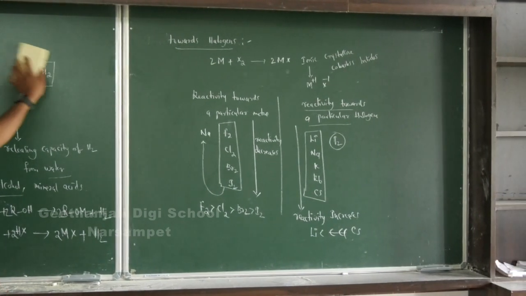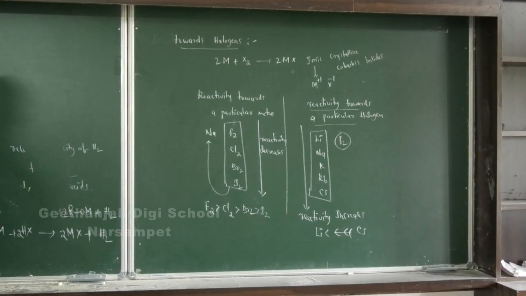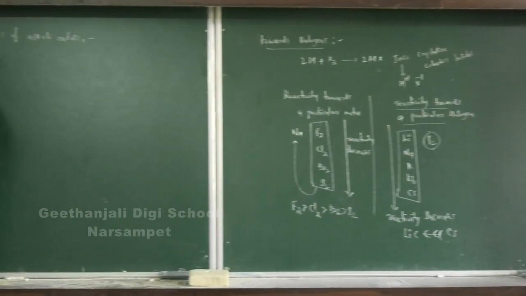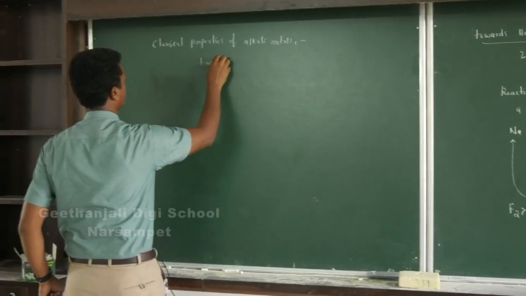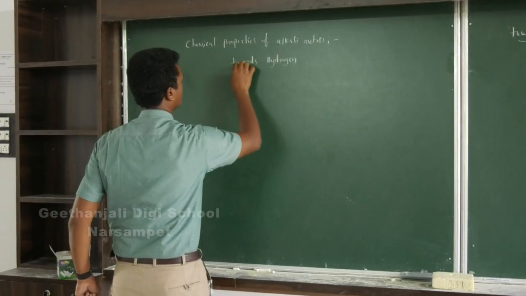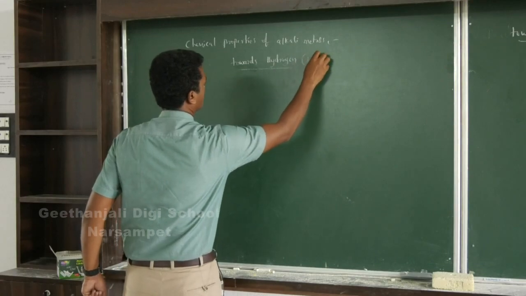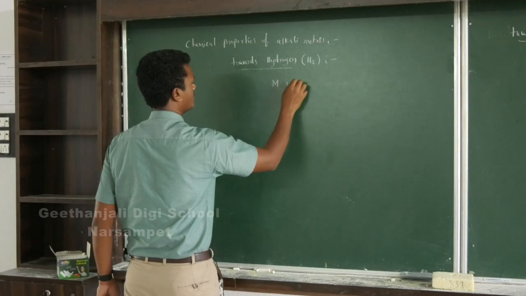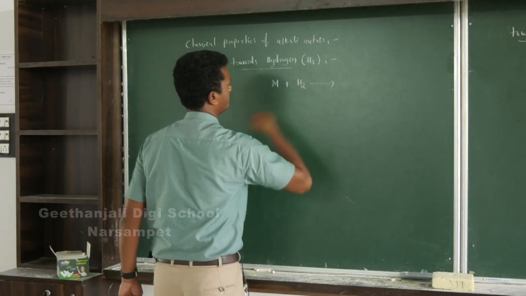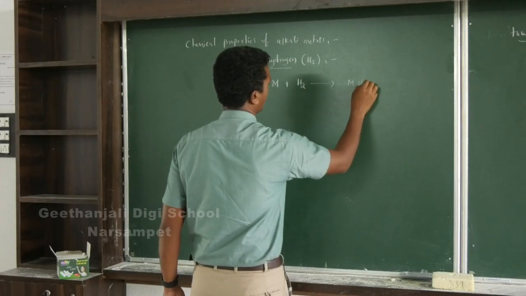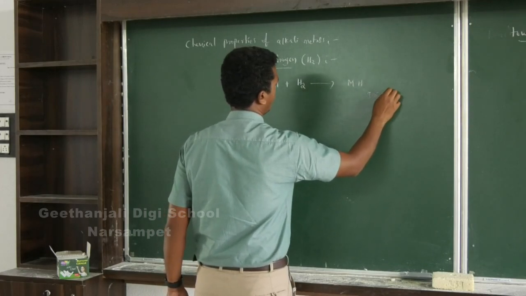Next, reactivity towards hydrogen. When alkali metals react with hydrogen, they form MH type of ionic hydrides.